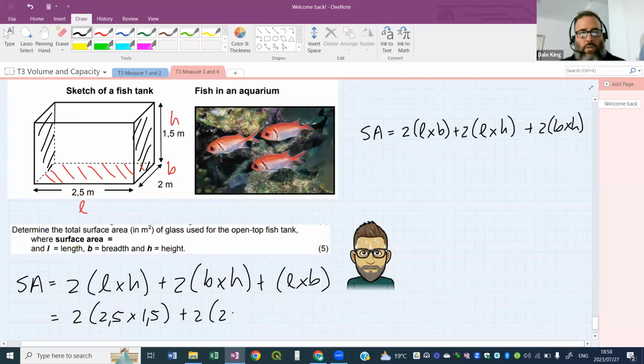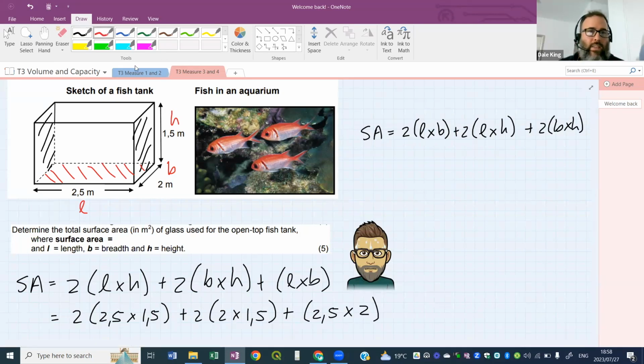And it's 2 times 1,5. And then I don't need 2. I just need 2,5 times 2. Because there's no top to the tank, you don't put a 2 in front of that last bracket. You just need 1, the base. So let's chuck this onto the calculator and see what we're getting.